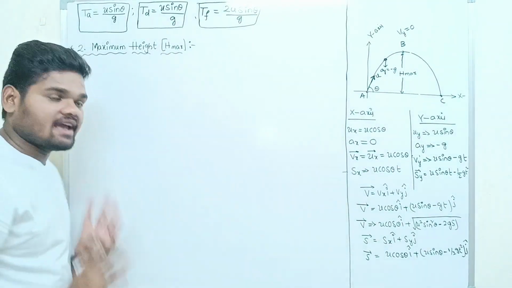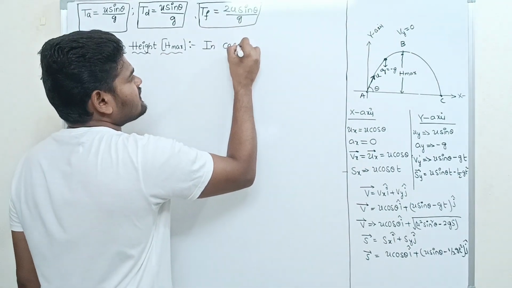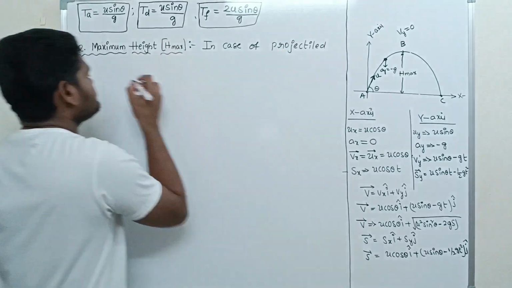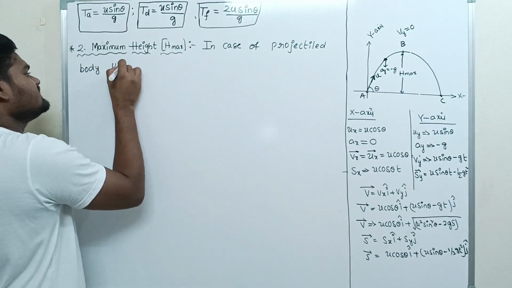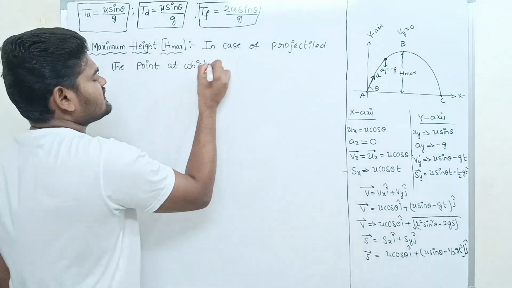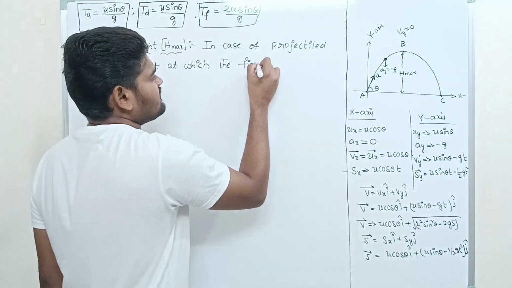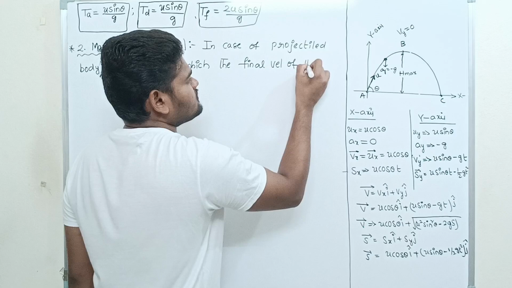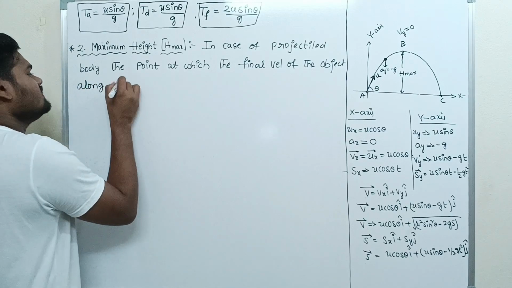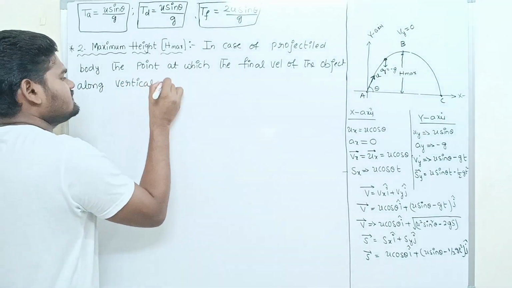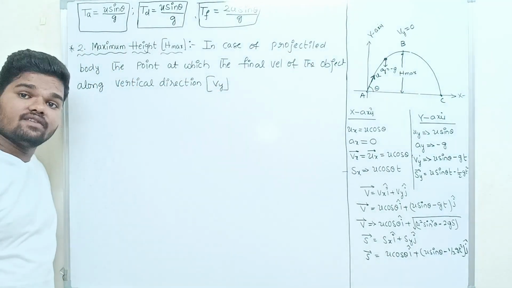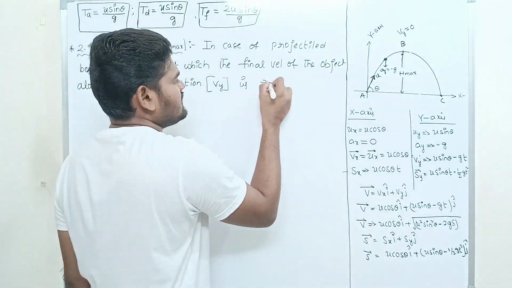So maximum height means, have a look, in case of a projectile body, the point at which the final velocity of the object along the vertical direction, that is Vy, is 0.